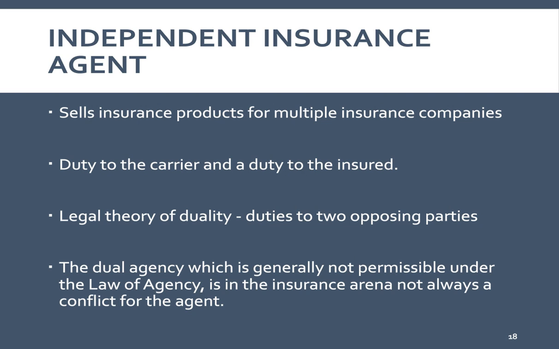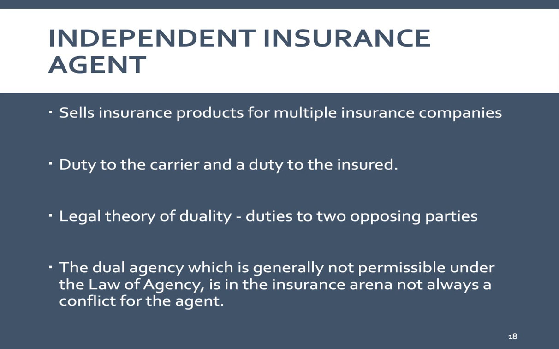This is an important point for consideration because insurance companies, when they're dealing with independent insurance agents, will quite often try to raise a defense if they get pleaded into the lawsuit or named in the lawsuit. They will sometimes raise a defense that because it was an independent insurance agent, even though we have a contractual arrangement with them and we've granted them certain authority, they in fact weren't obligated to place that business with us.